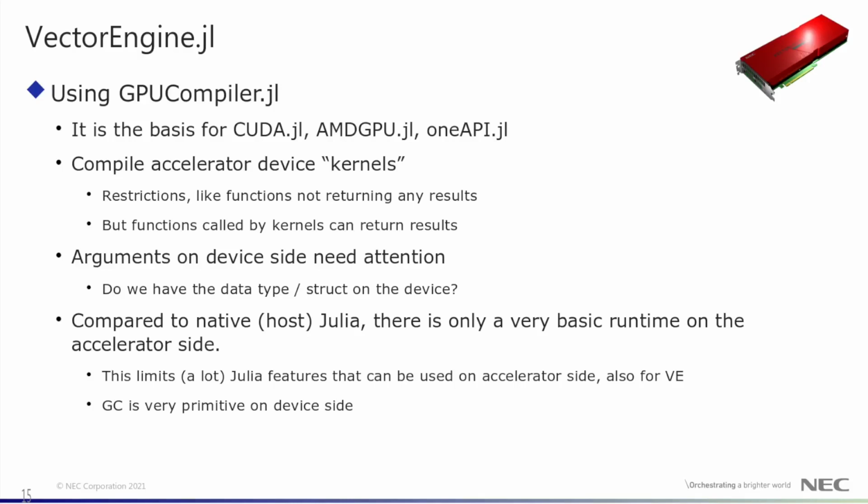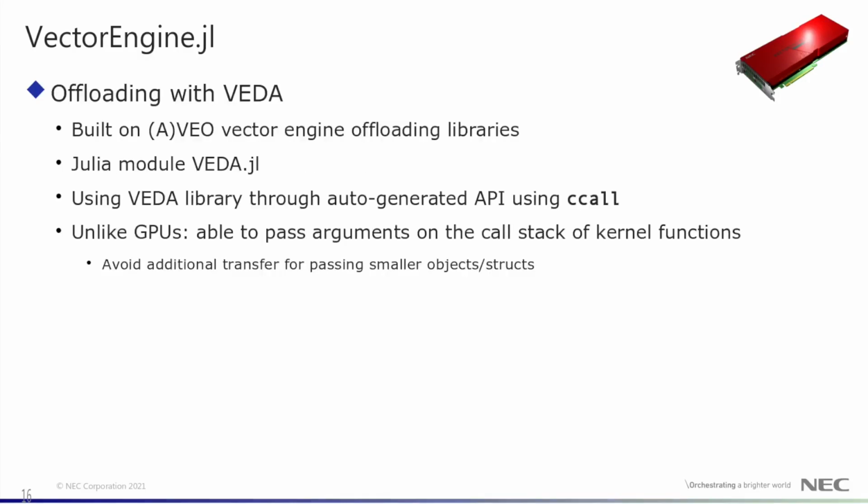It compiles accelerator device kernels, which are functions with certain restrictions. Also, you need to take care about the arguments that you're passing to these kernels, as not all data types or structs are available on the device side. Compared to native or host Julia, there is only a very basic runtime on the accelerator side. This limits a lot the Julia features that can be used on the accelerator side.